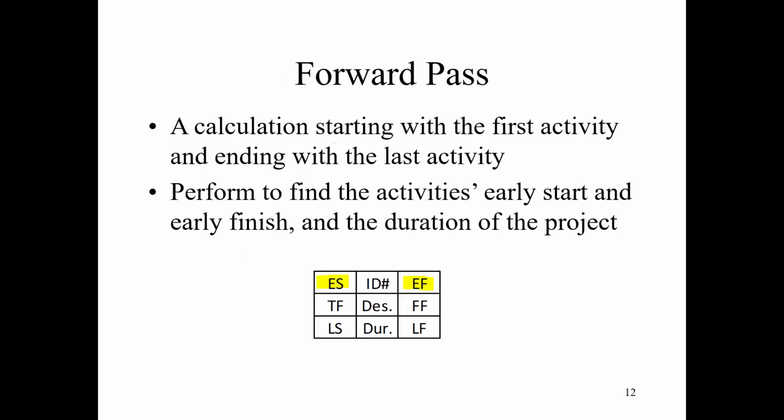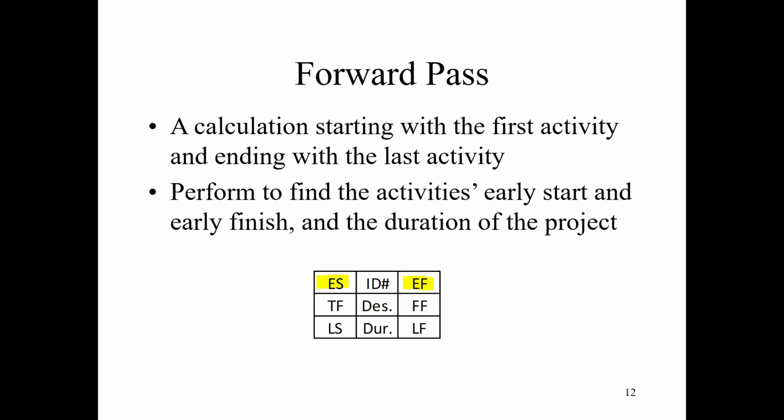Okay, so for doing the calculation, there are two techniques. One we call the forward pass. The forward pass means your calculation starts from your first activity and goes to your last activity. If we're reading the network model, that will be starting from your left side and ending at your right side, right?